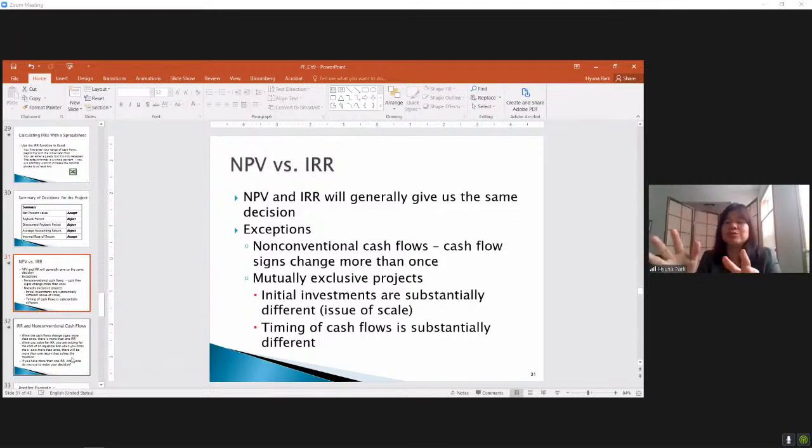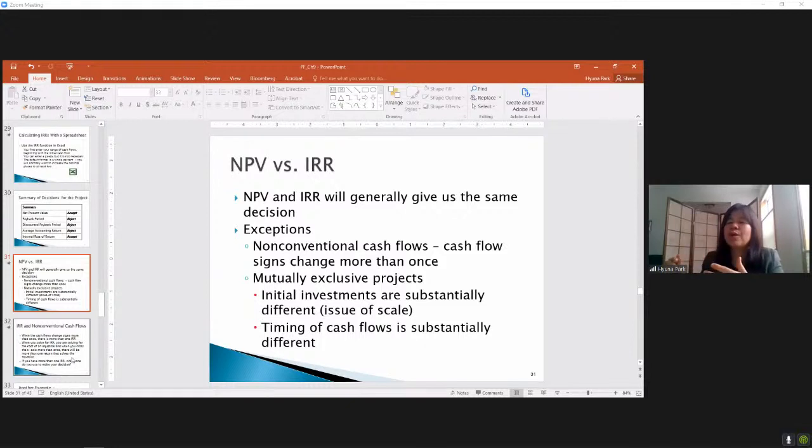Initial investment is huge, so negative cash flow. And down the road, the nuclear power plant will generate cash flows. But at the end, what happens? When the life duration of the nuclear power plant is over, there will be a huge cost of cleaning up the remainder.